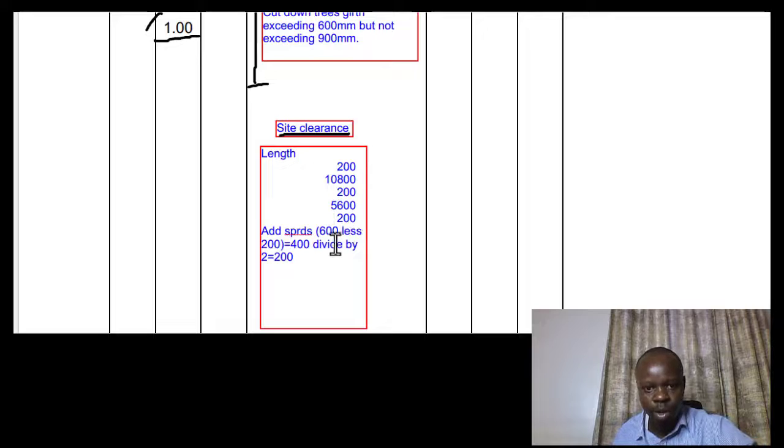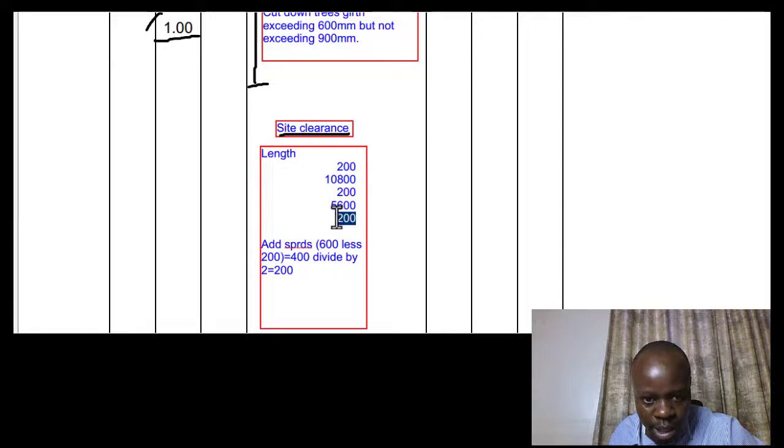So we have the total. We can just get this total, we add this, and then we add the spreads at the bottom.